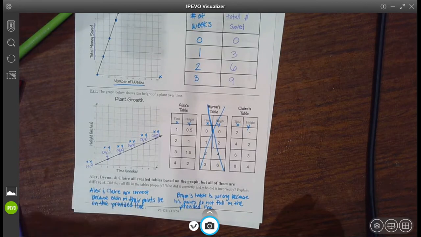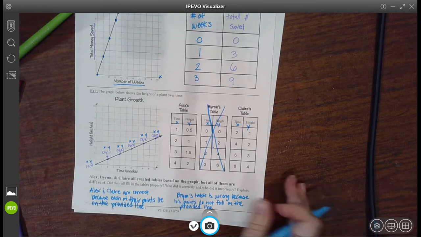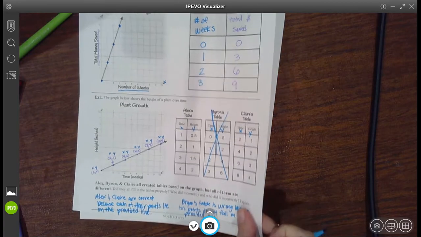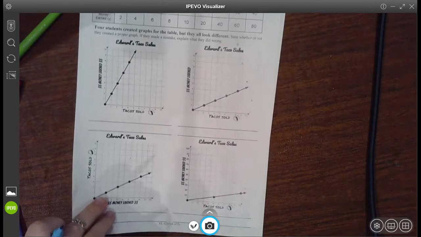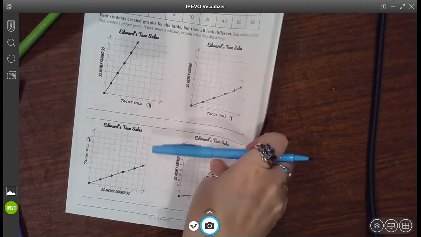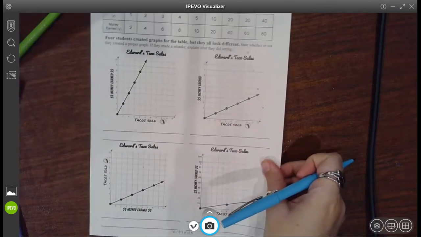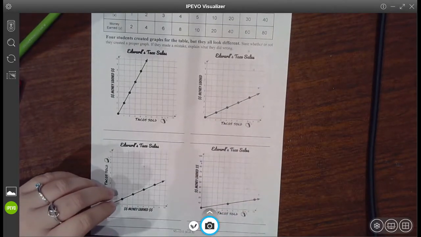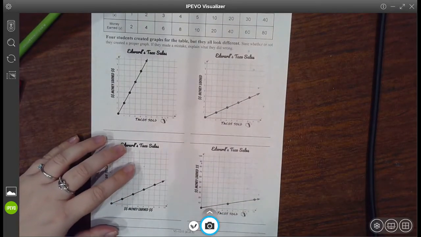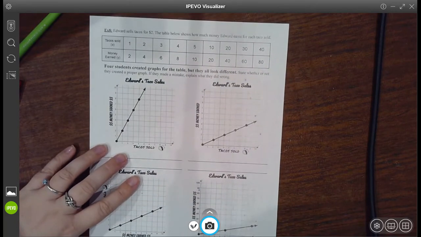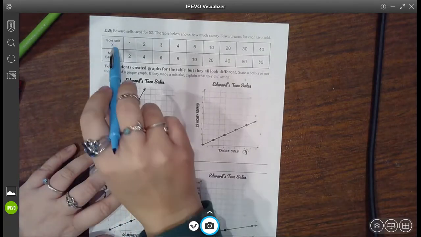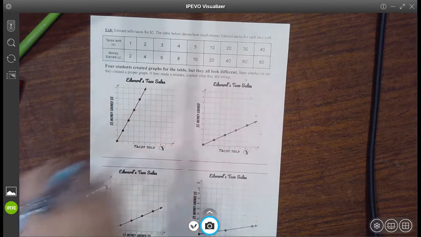Pretty doable, right? Let's take a look at the next problem. The next problem says, Edward sells tacos for $2. The table below shows how much money Edward earns for each taco sold. And they were nice. They even told you that tacos sold is X and money earned is Y.